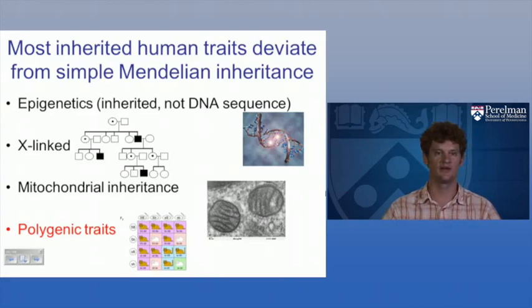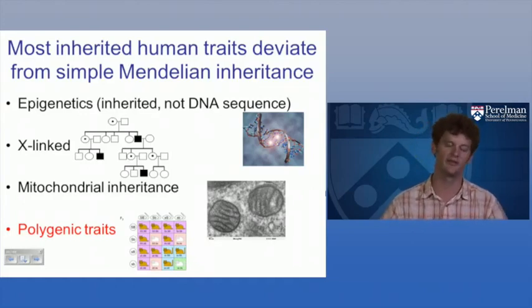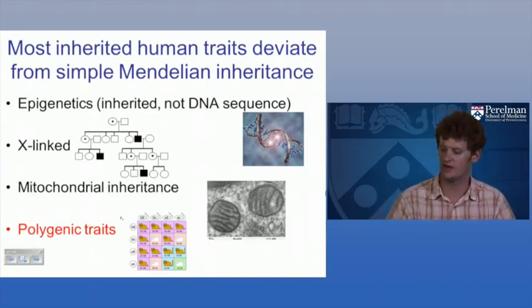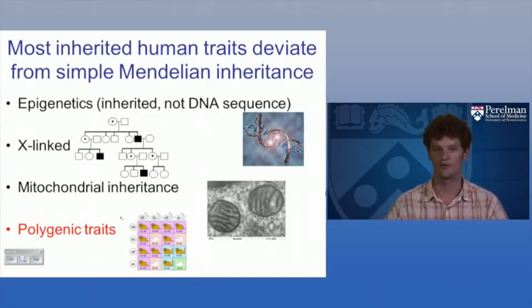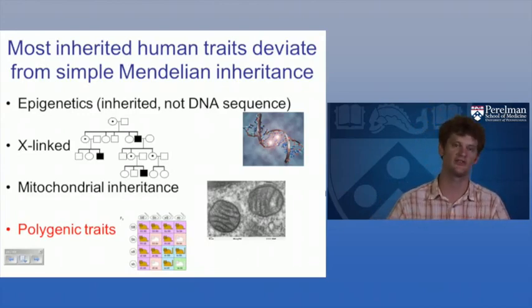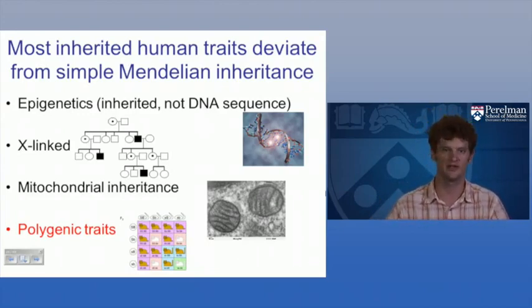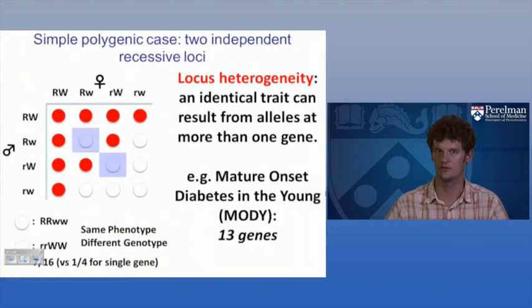We're not going to talk about X-linked inheritance any more than we already have. Mitochondrial inheritance is another important special non-Mendelian case, where inheritance is really just from mothers to all of their children, because that's how the mitochondria are passed down through the fertilized egg and not through the sperm. But we're really going to focus on complex genetic traits, mostly polygenic traits, and how those can give rise to more complicated patterns of inheritance.